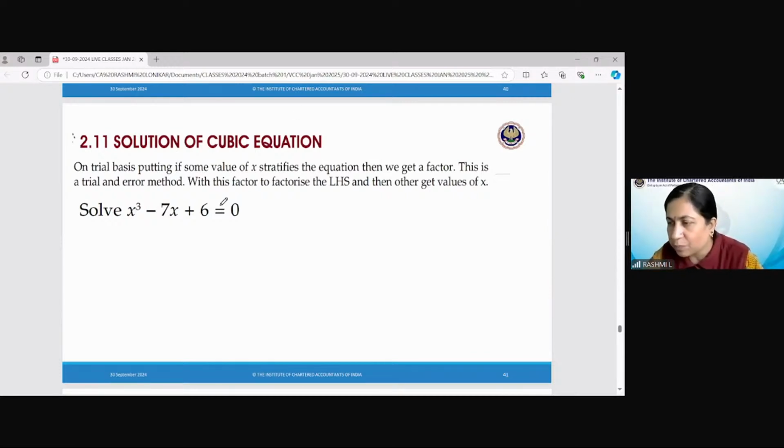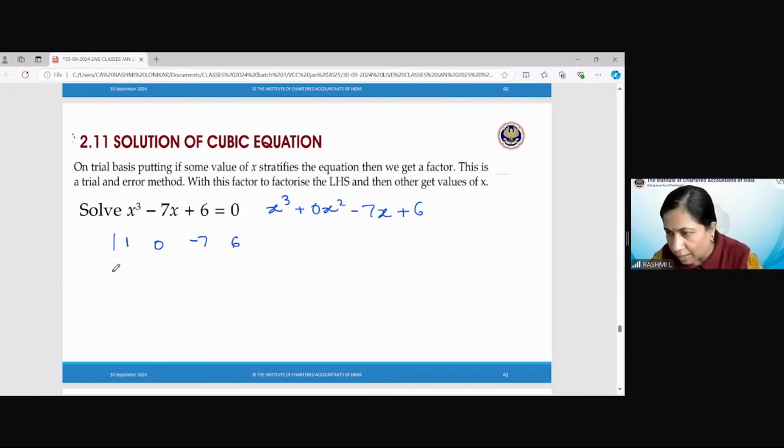Now here, this has to be written as x cube plus 0x square minus 7x plus 6. Why? Because I want 3, 2, 1, 0. Okay, so order is important. So I'm going to write down the coefficients. X cube के पहले क्या लिखा है 1, x square के पहले क्या लिखा है 0, x के पहले क्या लिखा है -7 और यहाँ क्या लिखा है 6.